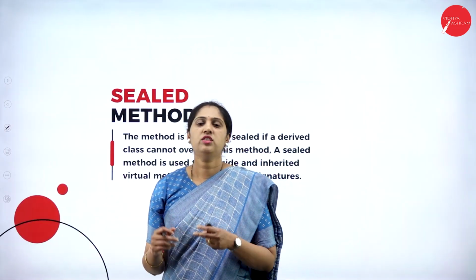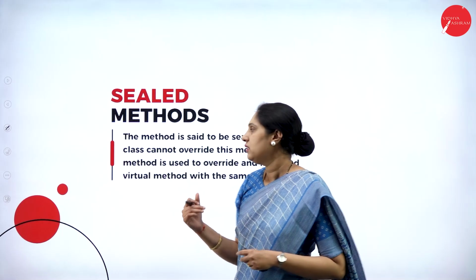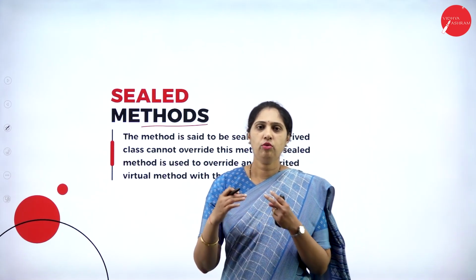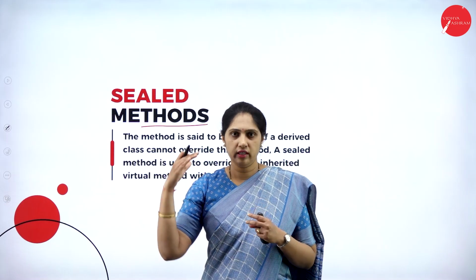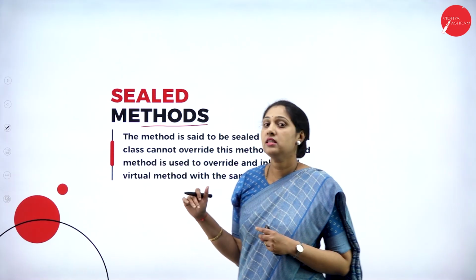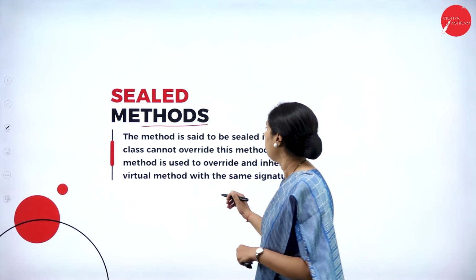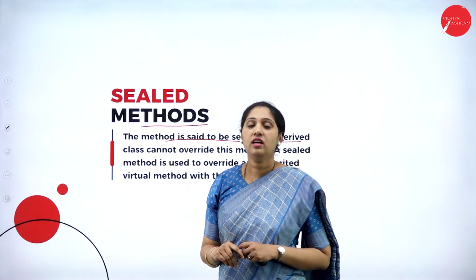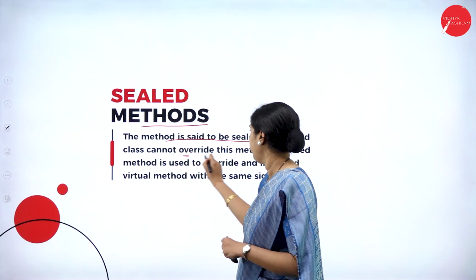Next, we finished with sealed class. Now it is sealed method. You know method, if you want to do certain tasks, if you want to write some certain code, we'll write inside method. So if the method is said to be sealed, a derived class cannot override.